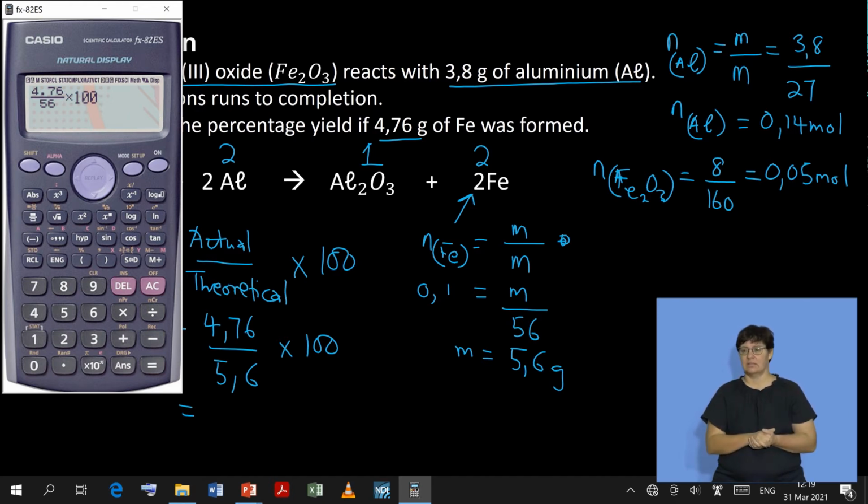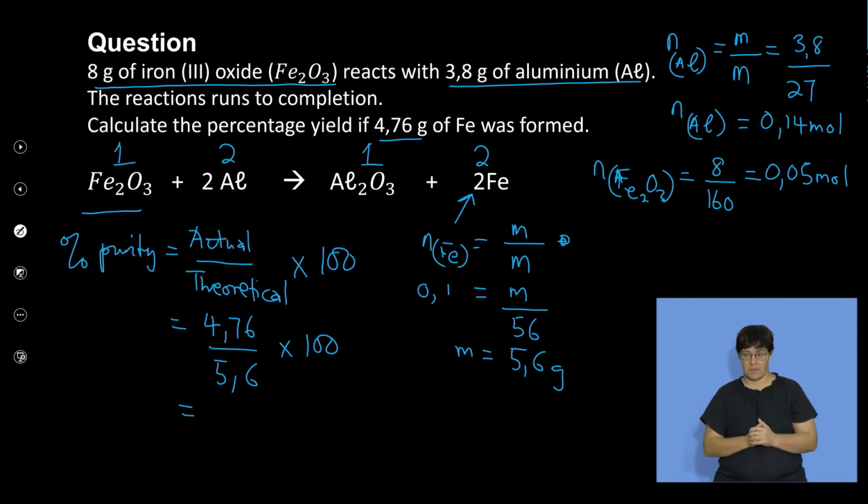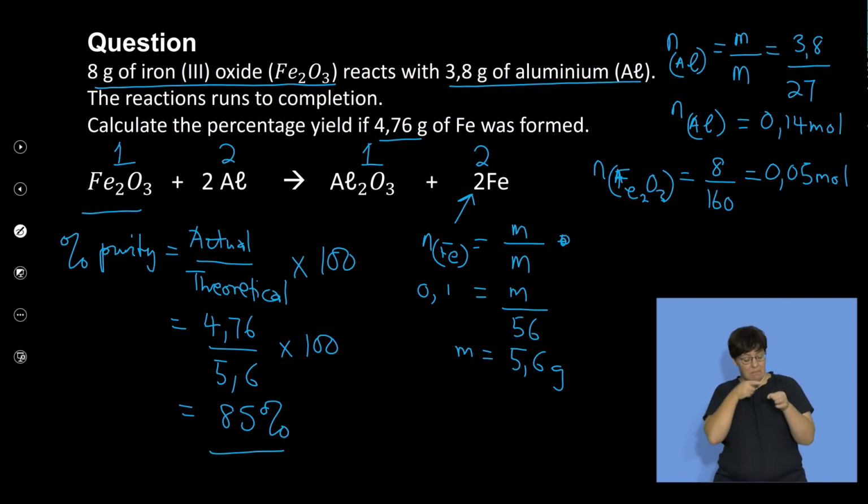So that's 5.6, right? This gives us 85% purity. It means then, in this sample of iron, that 15% of this sample contains impurities, right?